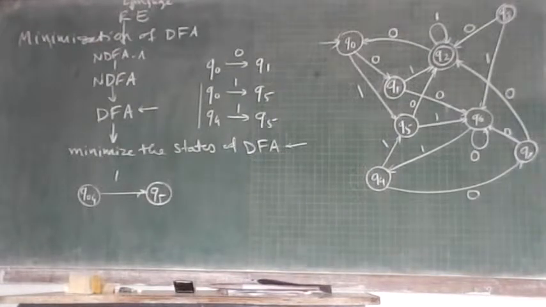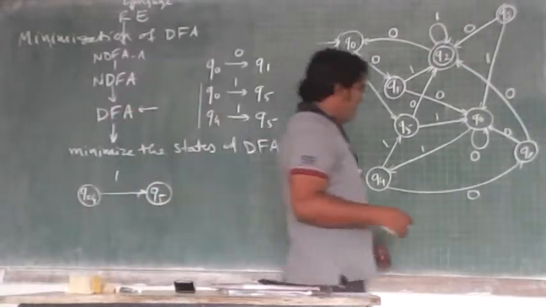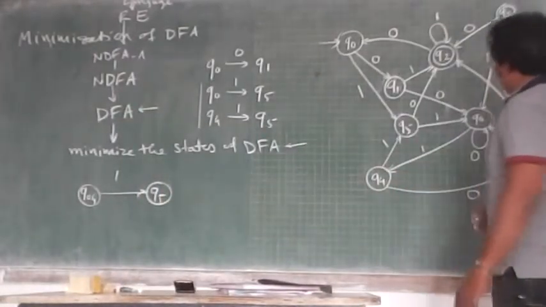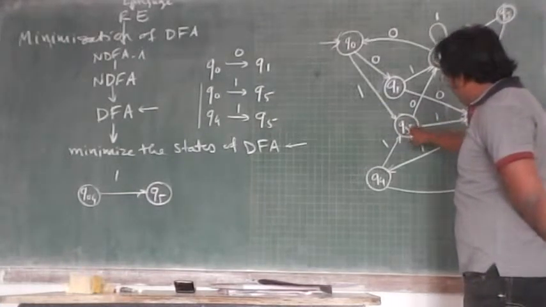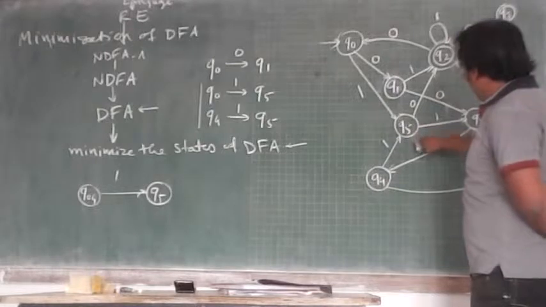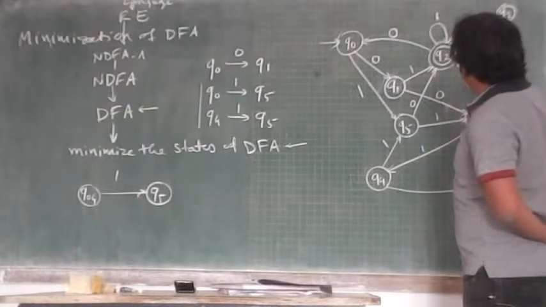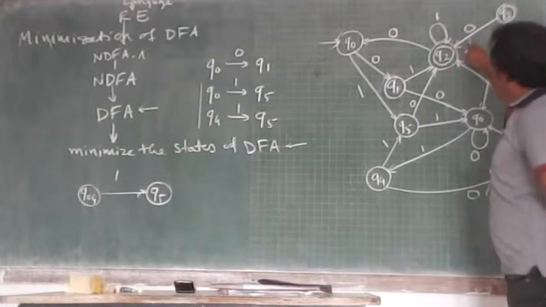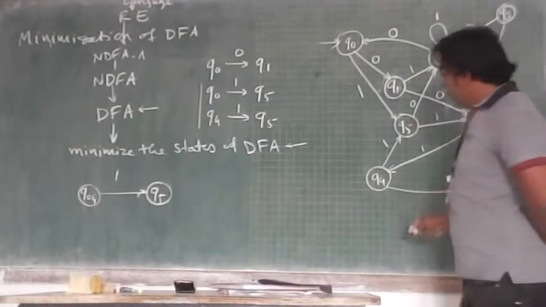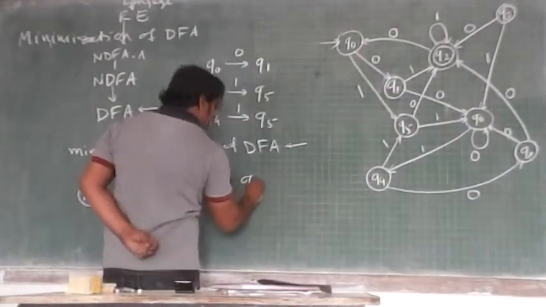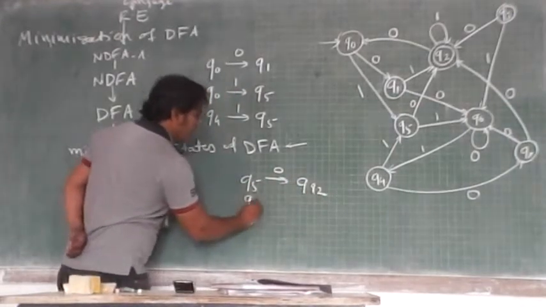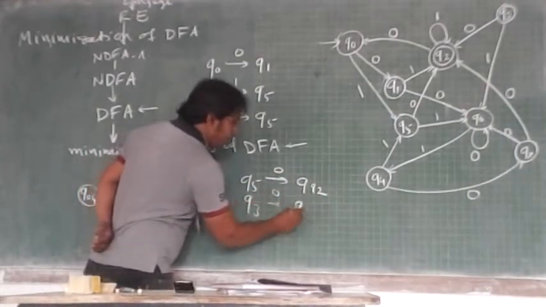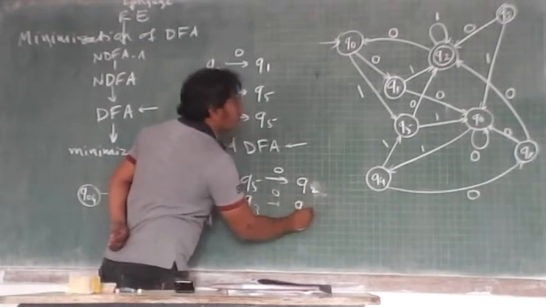Can I have this? If I merge Q0 and Q4, I can get a similar set of states. If you start from Q5 on 0 and Q3 on 0, from Q5 for 0 I come to Q2, and from Q3 for 0 I also come to Q2.